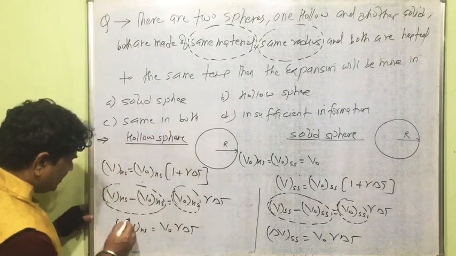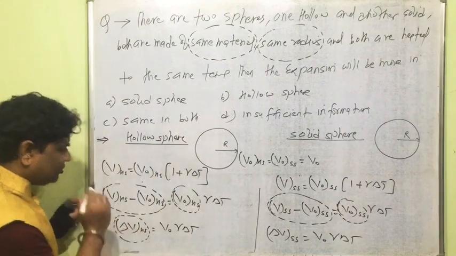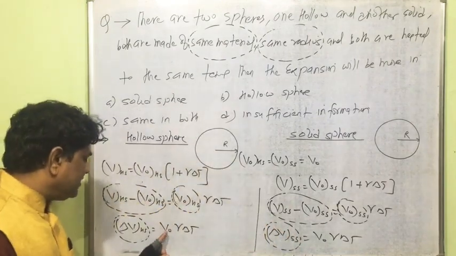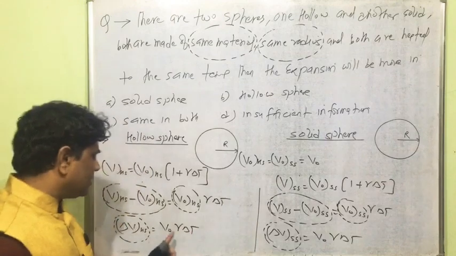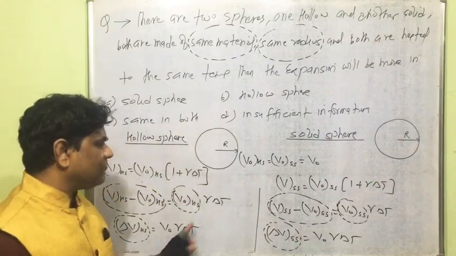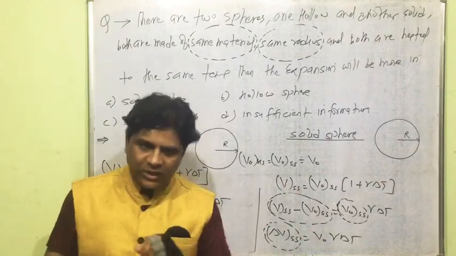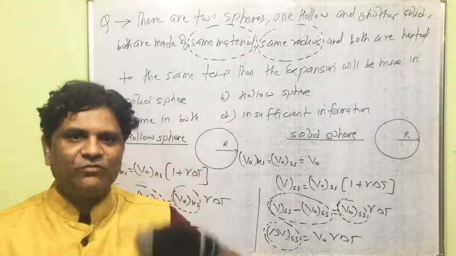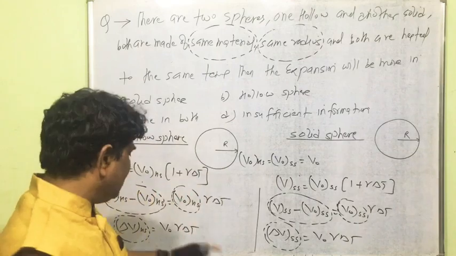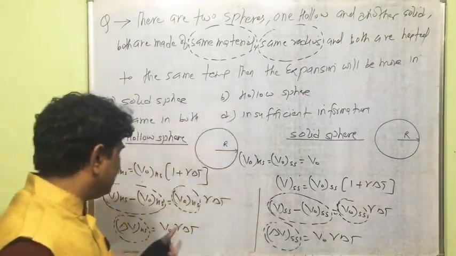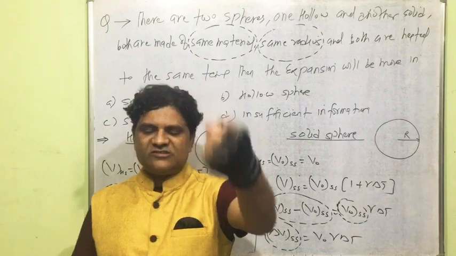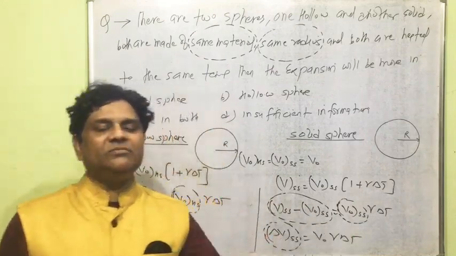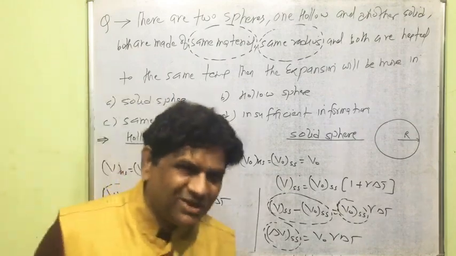Now this is the increase in volume of the hollow sphere, and this is the increase in volume of the solid sphere. Here it is V naught, and it is also V naught, because both have the same radius, so the initial volumes are the same. It is gamma, and also gamma, because both are made of the same material. It is delta t, and also delta t, because both spheres are heated to the same temperature.